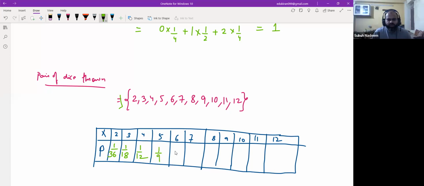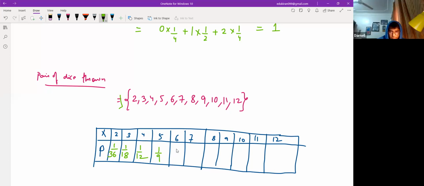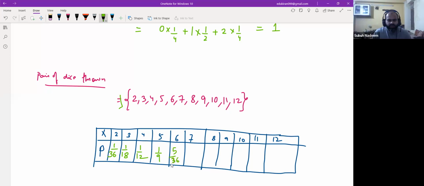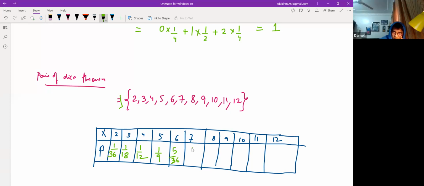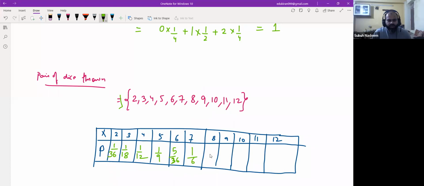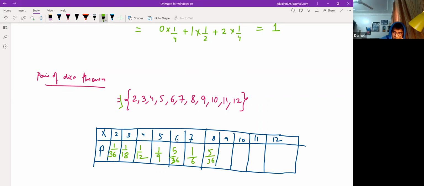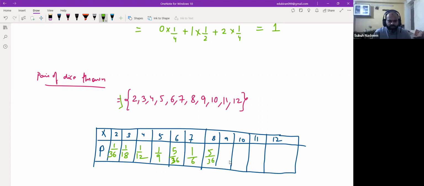If we come to 6, it will be 5 by 36. And for 7, we will get 6 by 36, that is 1 by 6. 8 will again get 5 by 36. It will behave as for 6. Then 1 by 9, 1 by 12, 1 by 18, and 1 by 36. This is how it will behave.